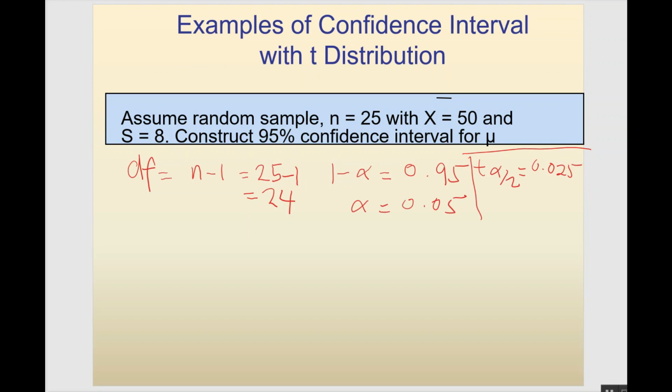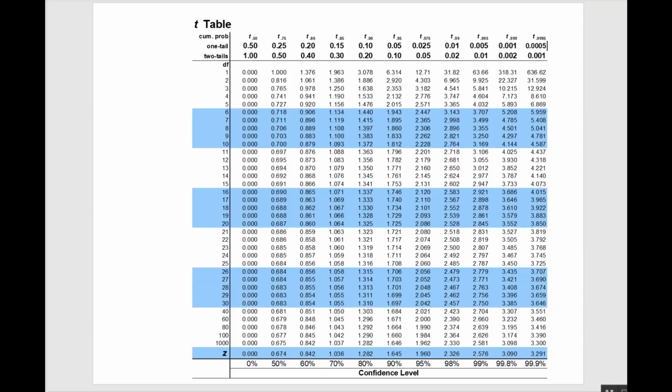First, you write the information. What is the DF? What is the alpha? This is alpha for your two tail and this is the alpha for your one tail. You need to find the value of this one first. What is T alpha divided by 2? Again, we refer to the table of T distribution. You know that your degree of freedom is 24, so we look at 24 here.